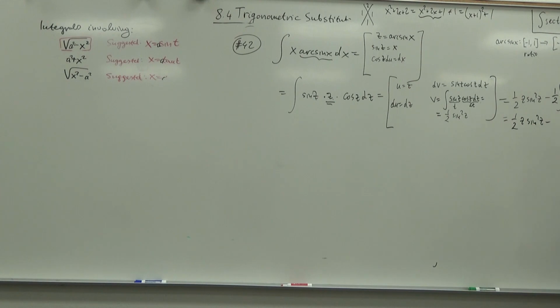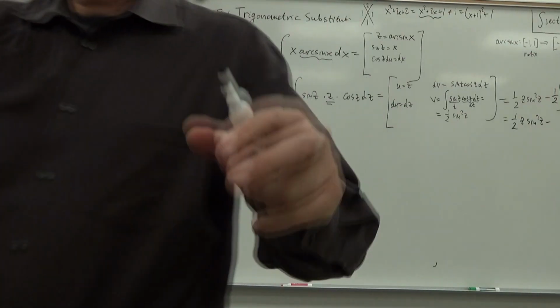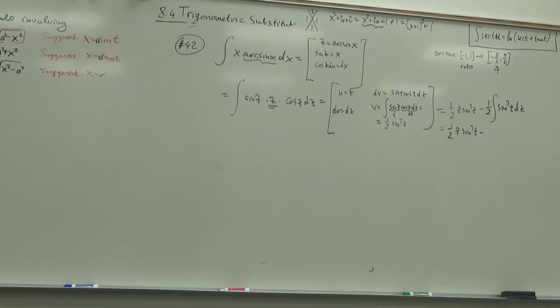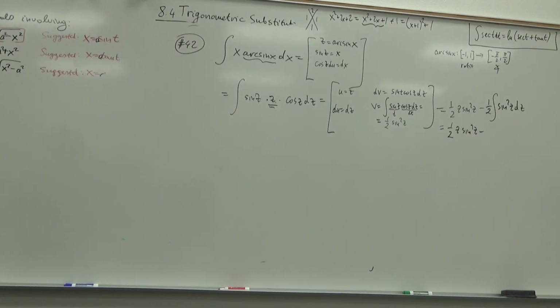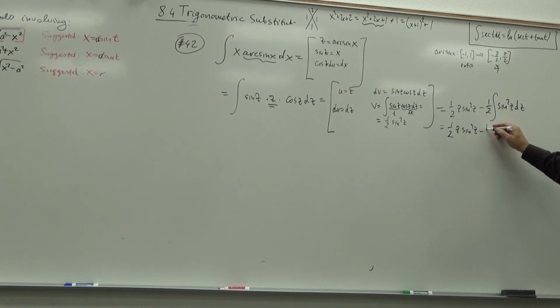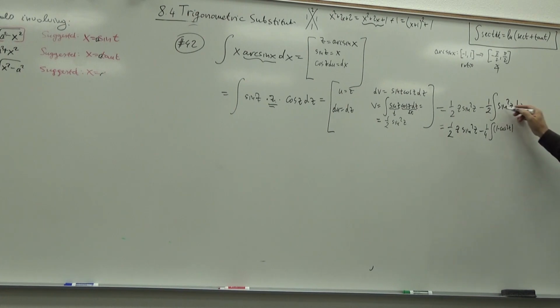I better stop recording to check. All right, looks good. So then it will be 1/4 integral of 1 minus cosine 2z, because this is 1 minus cosine 2z over 2, and I pulled out that factor, dz.